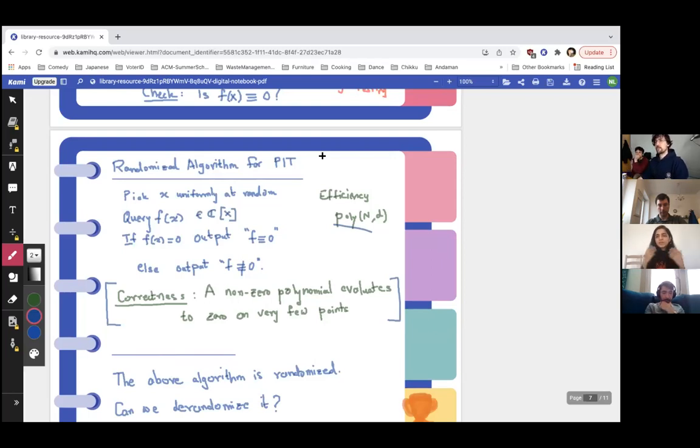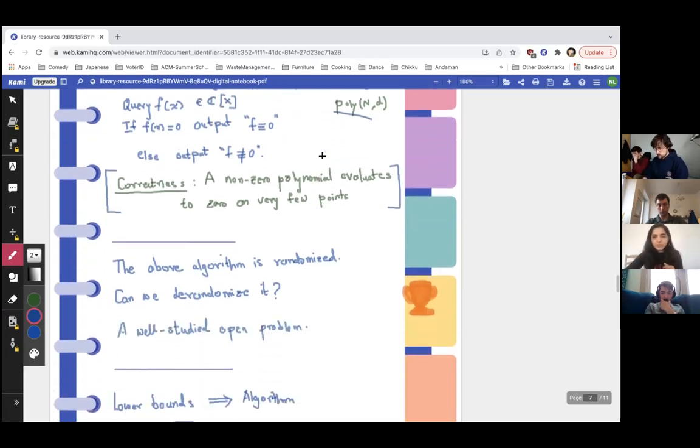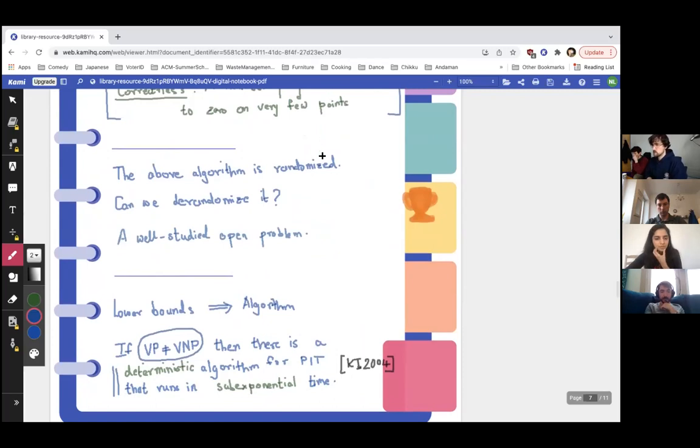So the polynomial identity question does come up naturally in many situations in computer science. And what this says is that you will be able to give efficient deterministic algorithms for it if you prove lower bounds.